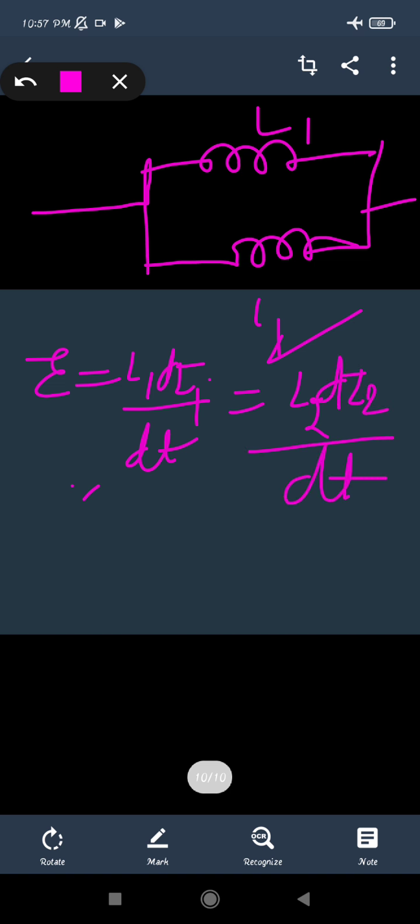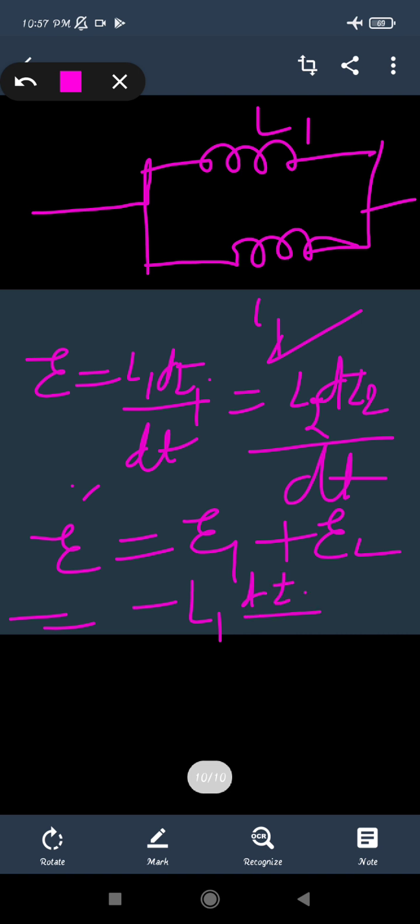And the mutual inductance is negligible here because both are in parallel combination, so one cannot induce an EMF in the second one. Similarly the equivalent EMF epsilon will be E1 plus E2, so minus L1 di1 by dt plus minus L2 di2 by dt. This value will be taken for the parallel condition.